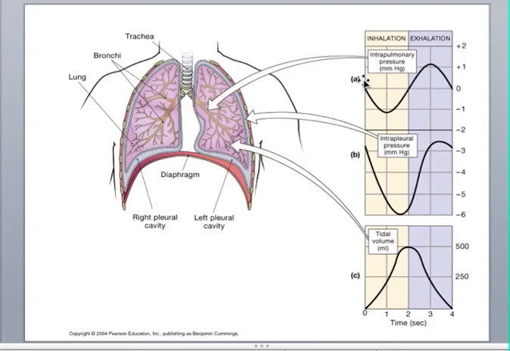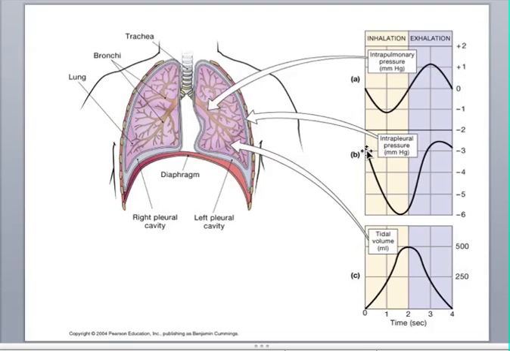So this is showing you negative pressure as the pressure drops in the lung during inhalation, and then it comes back to zero in the middle, and then at exhalation the pressure increases in the lungs, and then it comes back to zero. So we have changes in pressure.